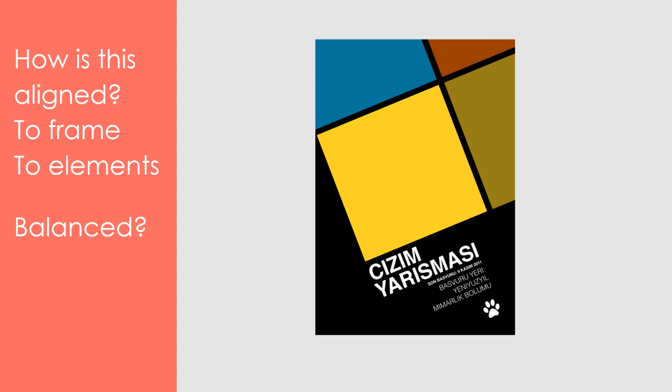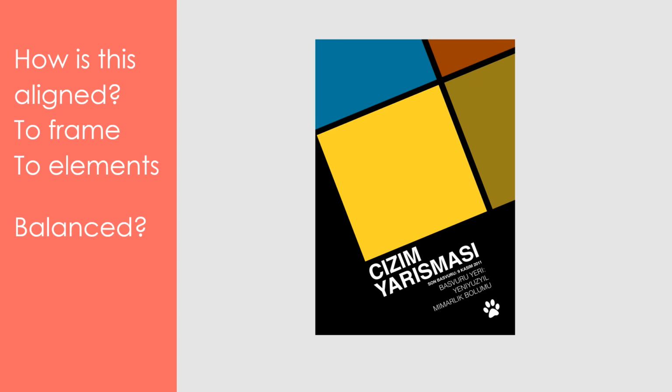And then the headline, which I think is someone's name, is aligned to that yellow square, right? It's bottom aligned, or it's the top of the headline matches the bottom of the yellow square. If you drew an invisible diagonal line along the left edge of that square down, that is where the headline would hit.